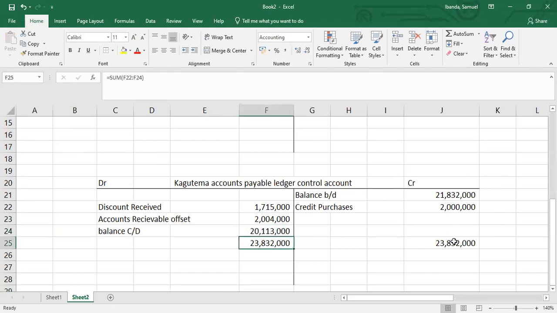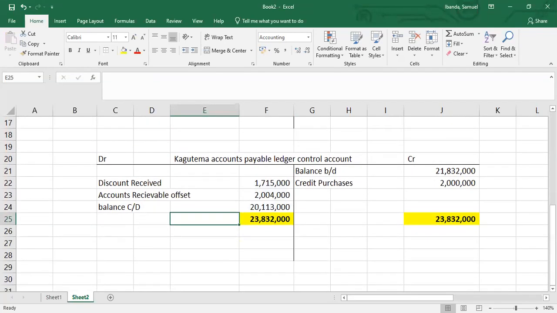So this is how your control account will be. To attempt this, you just needed to understand the dynamics of the accounts payable control account. That is very important for you. So we can just try to finish the question and then we call it a day.